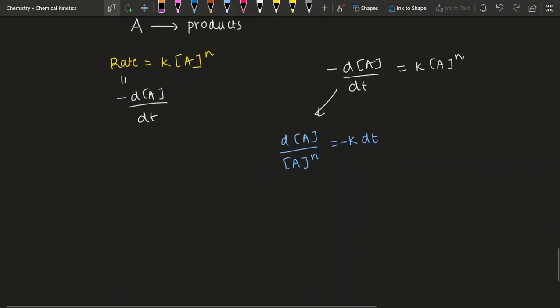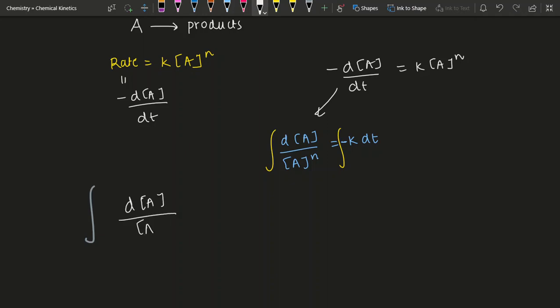Once you have done that, what remains now is to integrate both sides. Let me write that expression once again so that it's a bit clearer. Here you have dA over A to the power n equals negative of k dt.